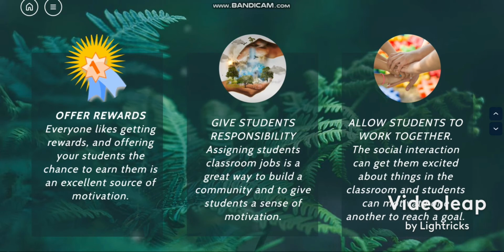Next, give students responsibility. Assigning students classroom jobs is a great way to build a community and to give students a sense of motivation. And the next, allow students to work together. Social interaction can get them excited about things in the classroom, and students can motivate one another to reach goals.